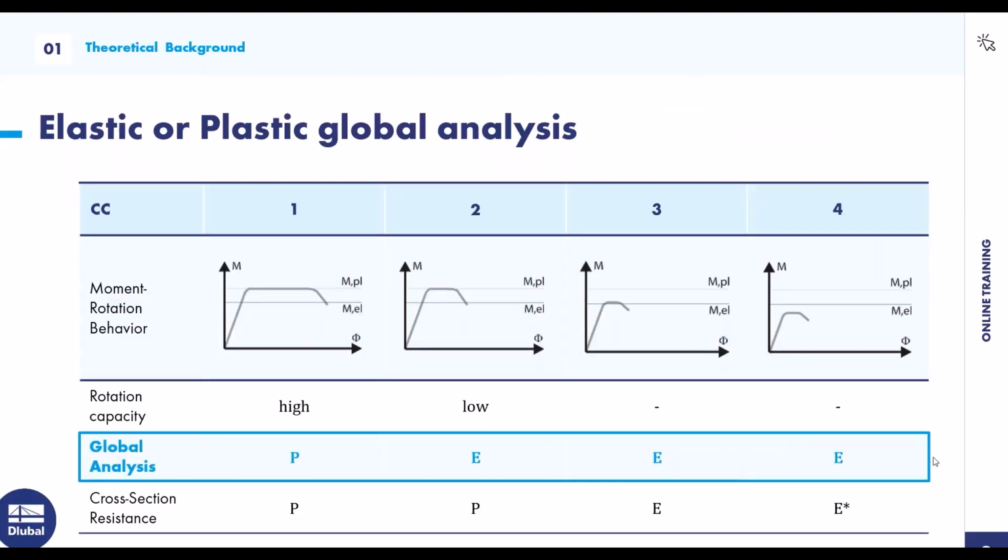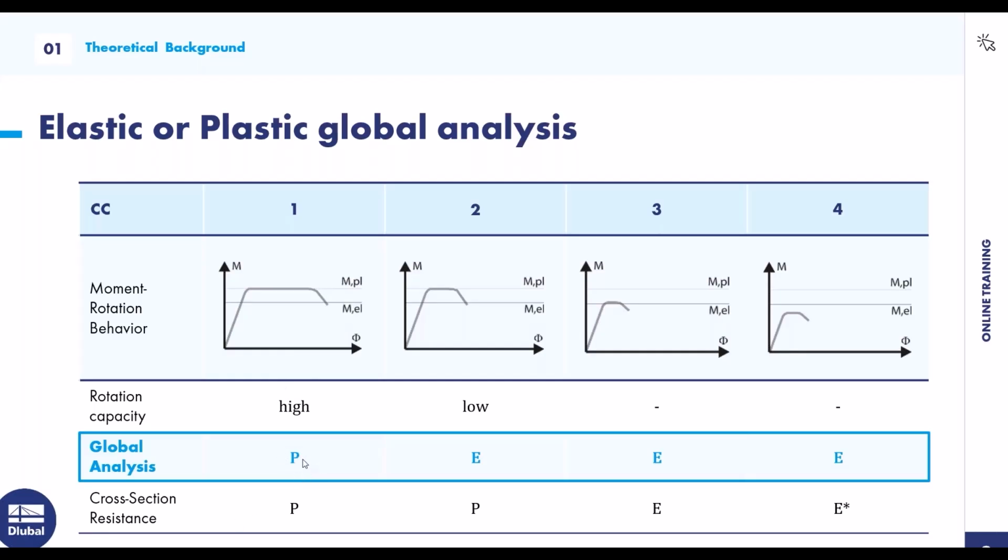Elastic or plastic global analysis. Whether an elastic or plastic calculation is possible always depends on the cross-section classes. There are 4 cross-section classes. In the first cross-section class, there is a high rotational capacity, and this allows a plastic structure calculation.